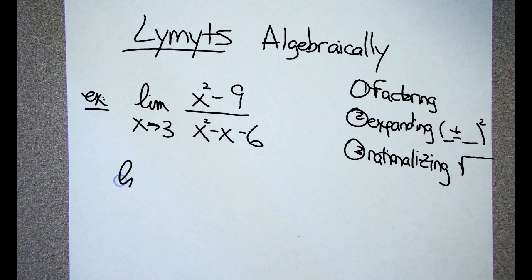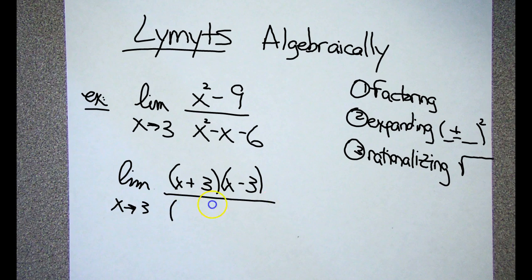So, minus 3. How can I factor the bottom? You try to multiply to be negative 6 and add up to negative 1, so that's minus 3 and plus 2. This cancels, which is good because the fact that 3 minus 3 gives you 0 was the entire problem.